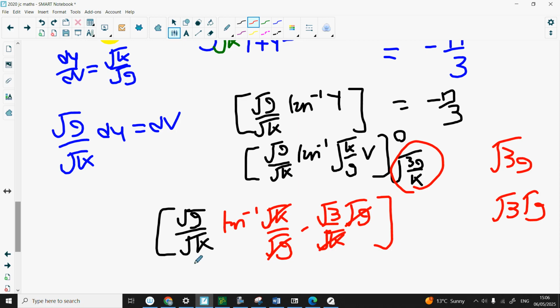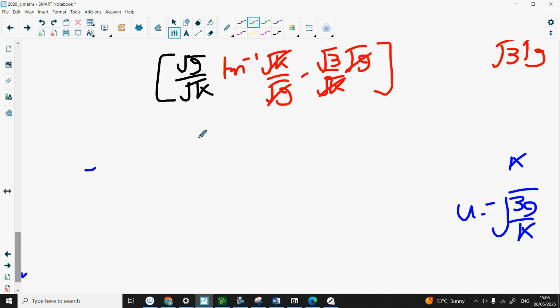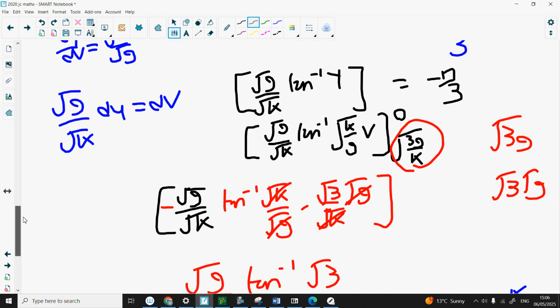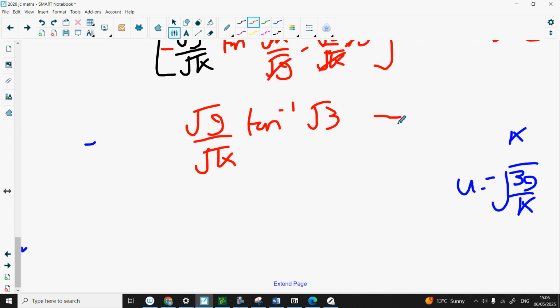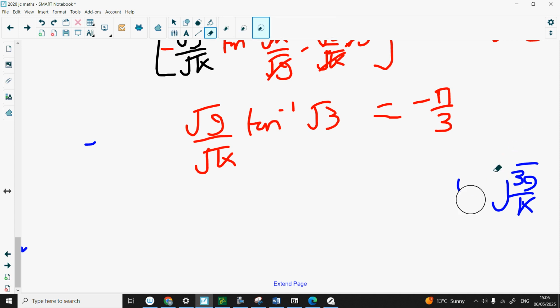The root g's cancel. The root k's cancel. And now my answer is looking like root g over root k tan inverse root 3. That's all minus because it's the second limit, the lower limit. That equals minus pi over 3.